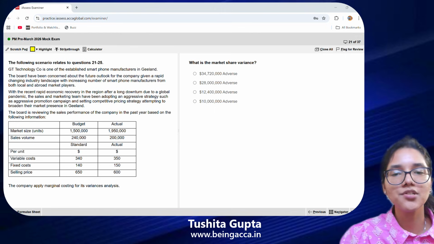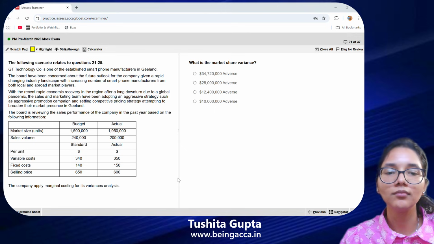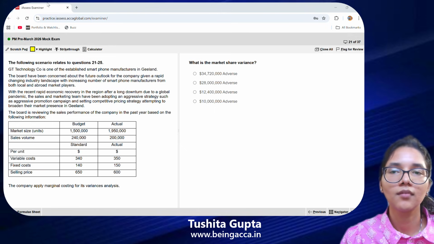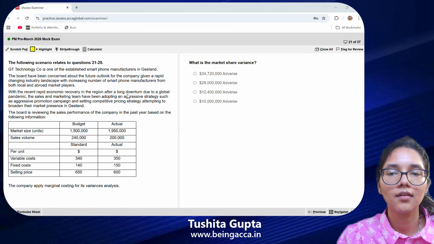So in operational variances, which two numbers do we have to compare? Revised budget and actual.